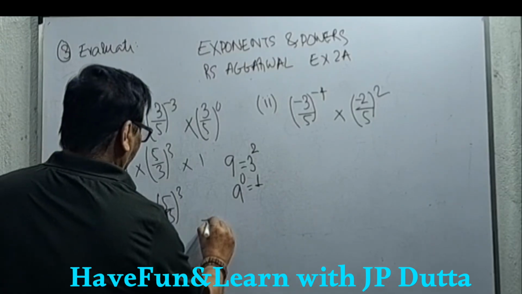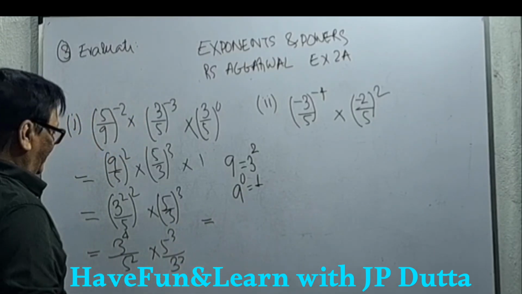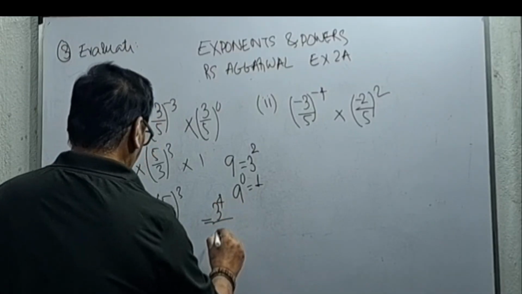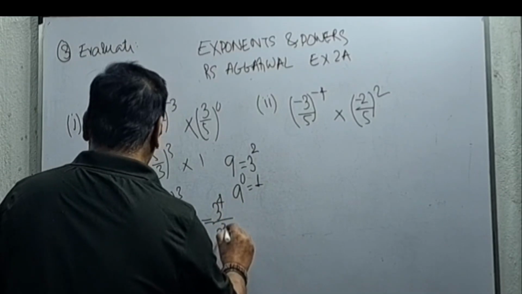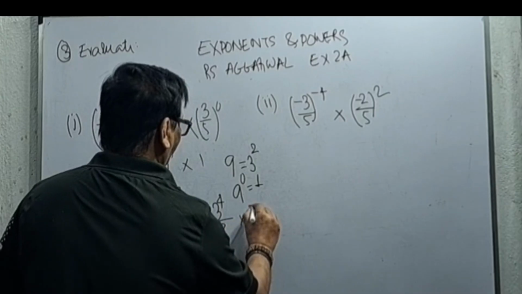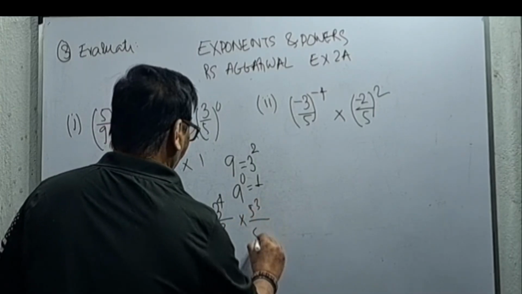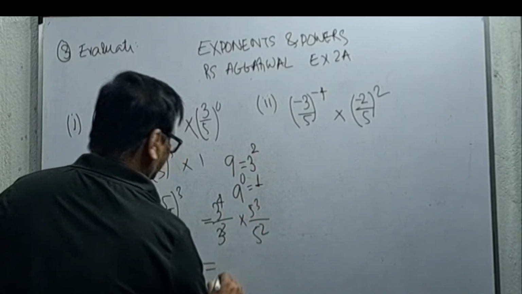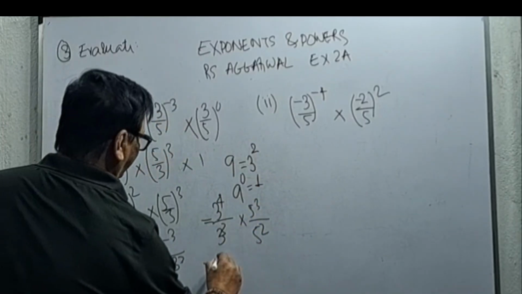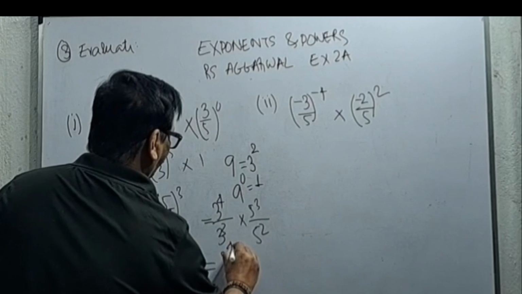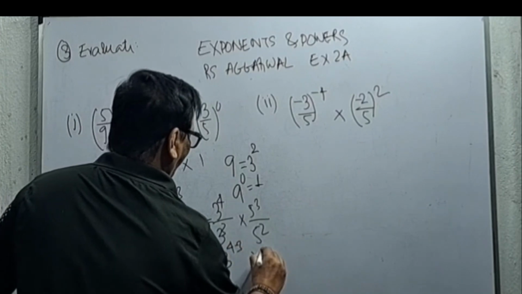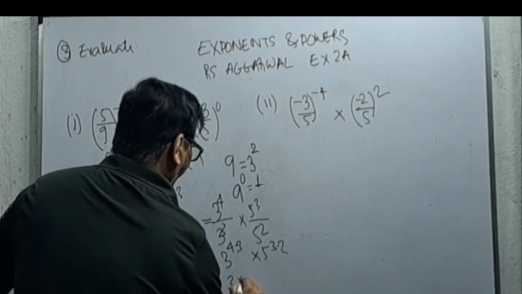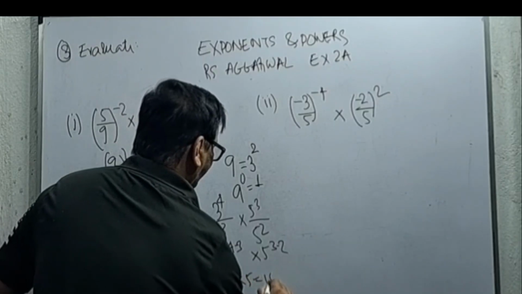Now we bring all this together in the same place. 3 to the power of 4 divided by 3 to the power of 3 times 5 to the power of 3 divided by 5 to the power of 2. Right? Now we can apply the division rule. So 3 to the power of 4 minus 3 times 5 to the power of 3 minus 2, which is 3 into 5 is equal to 15.